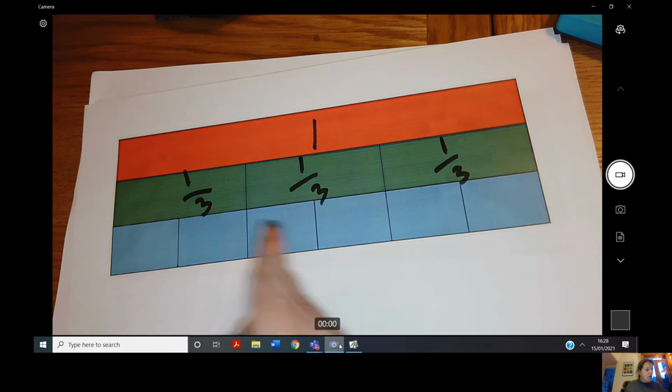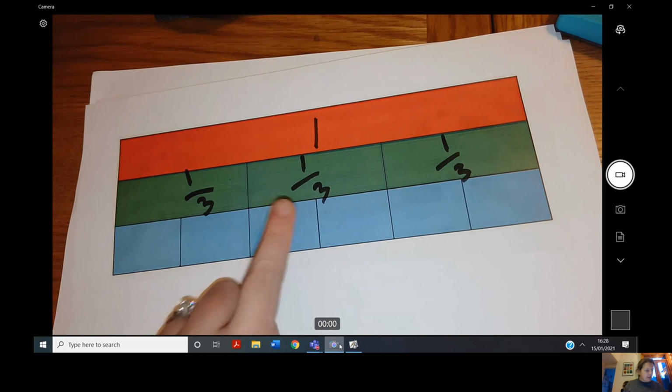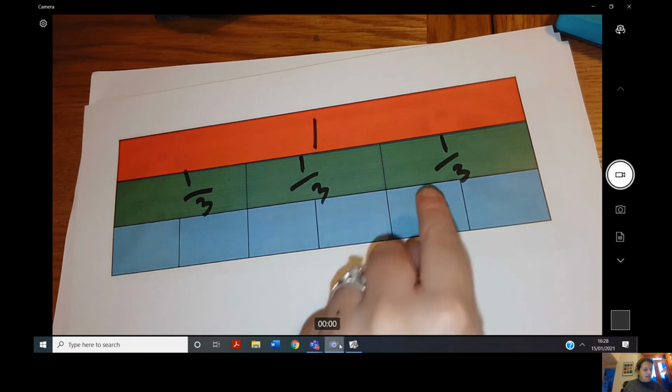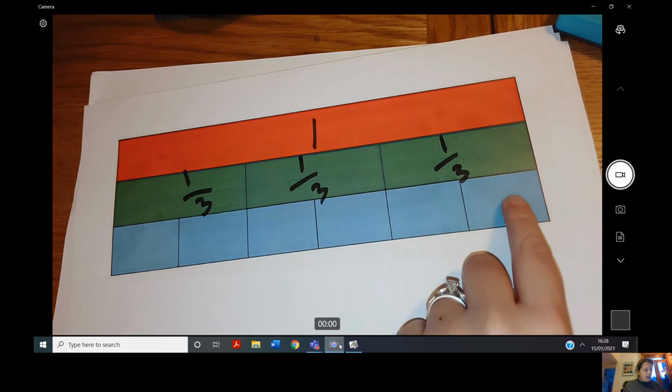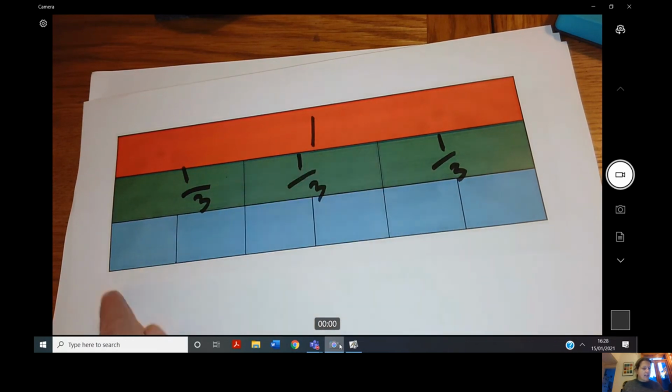Now let's look at the lower block. How many blue blocks do we have? 1, 2, 3, 4, 5, 6. So my whole, which is my red bar, is divided into 6 equal pieces.